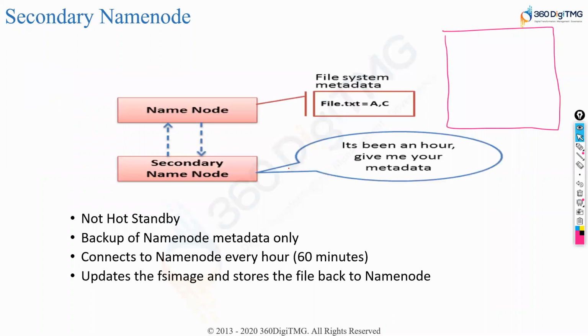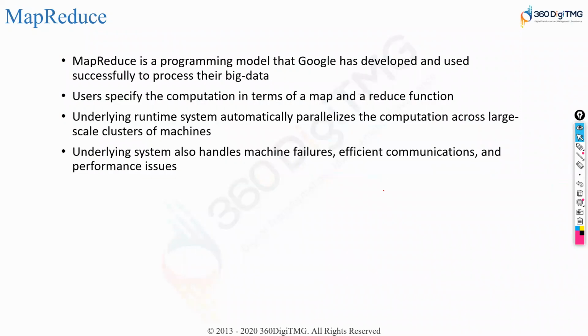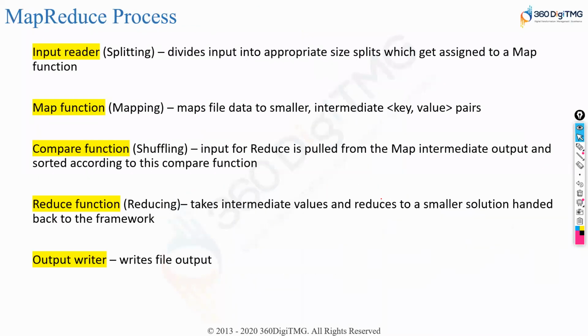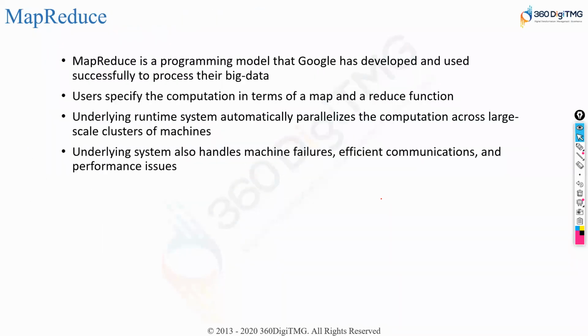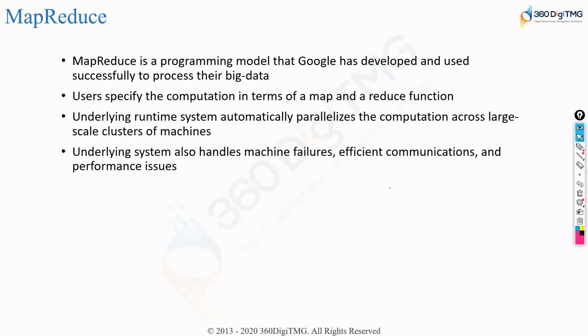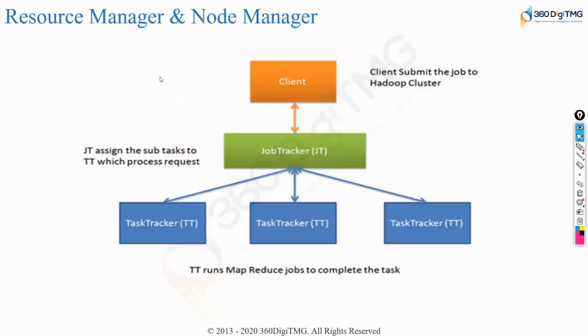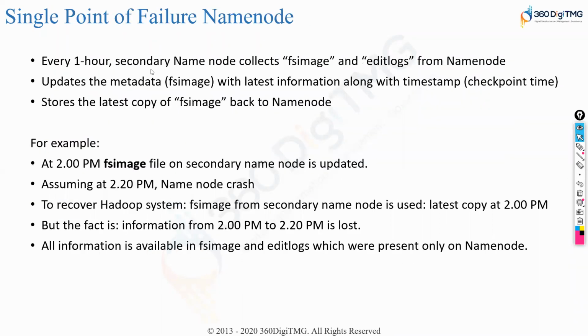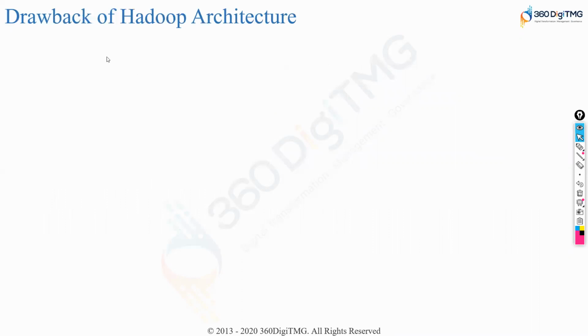All right. So these are a few of the things that we need to discuss. Of course, as I mentioned, there are drawbacks. We'll talk about the drawbacks also. We'll have to start with MapReduce. So we'll take a small pause, and then we'll come back and discuss MapReduce components, post which we'll talk about the single point of failure of your name node or Hadoop drawbacks.